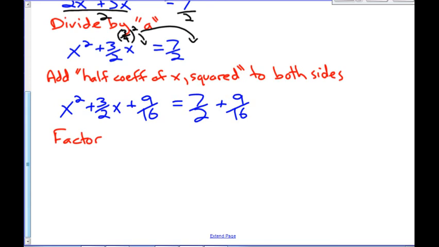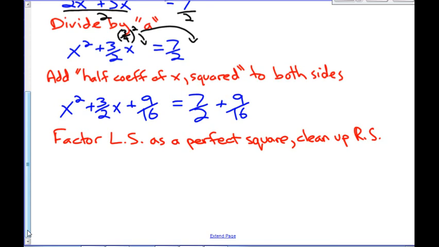Factor the left side as a perfect square trinomial, and we'll clean up the right side. Okay. So that perfect square trinomial on the left is going to turn into x plus 3/4 all squared, just half the middle. And we looked at that in the last chapter.